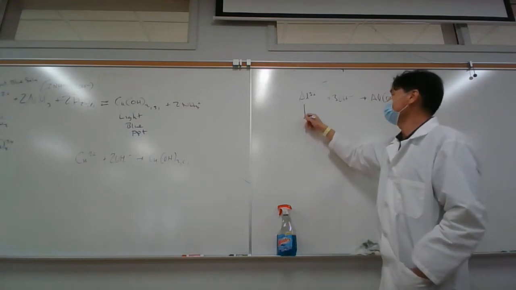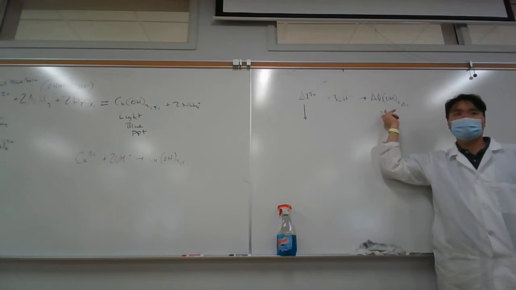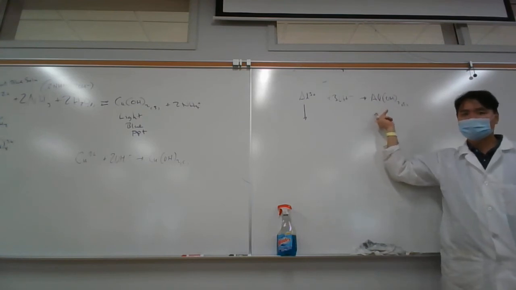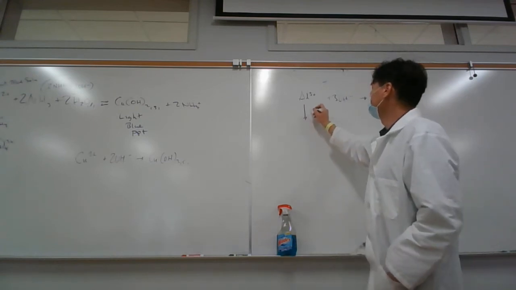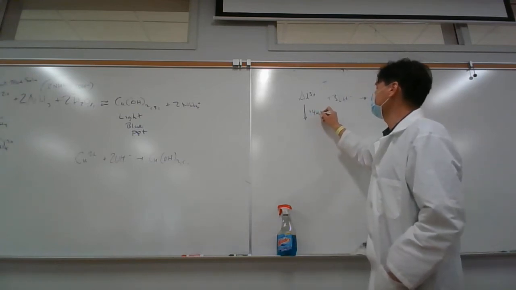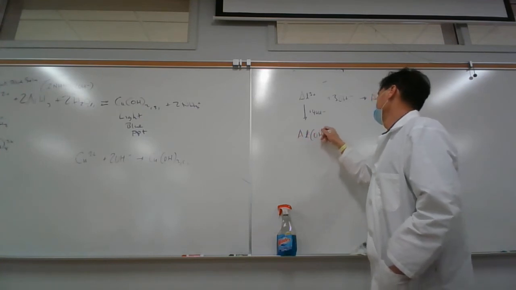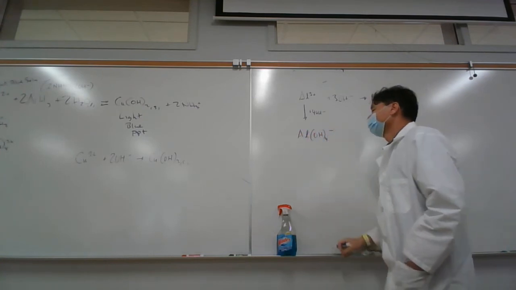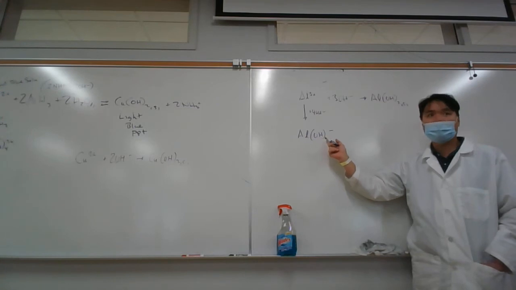Unfortunately, if I increase the hydroxide ion concentration, the precipitate starts to disappear. The reason is that if I just bump it up by 1 extra hydroxide, I will form this, the tetrahydroxido aluminate 3 ion.